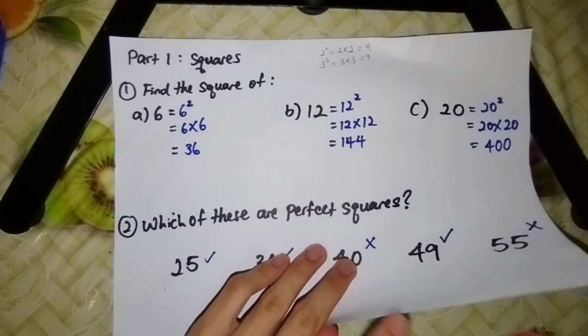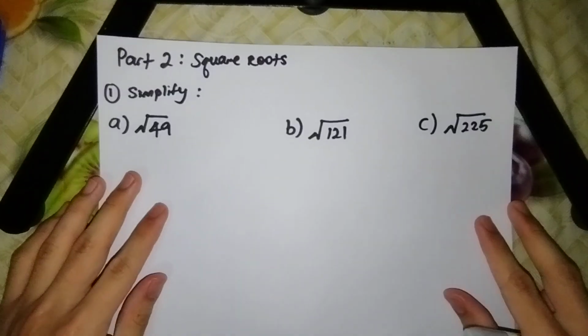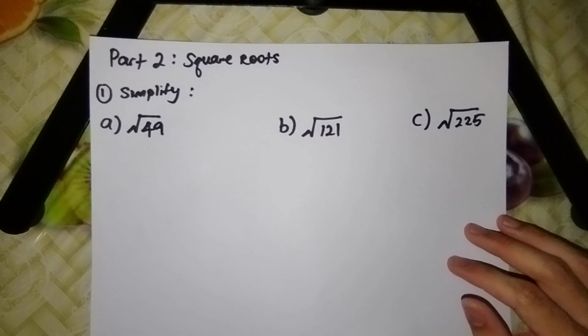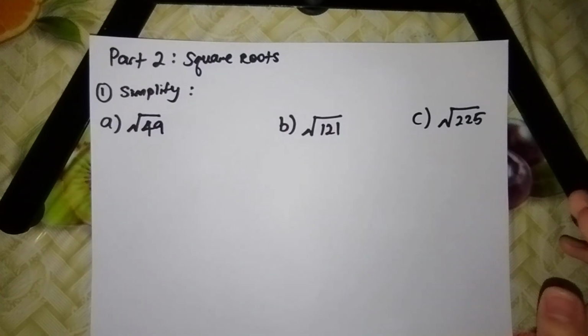Okay, so for the second part, we'll look at square roots. Now, square roots are actually related to squares, but it is a root of a square, which means can we break it down into its simplified form?